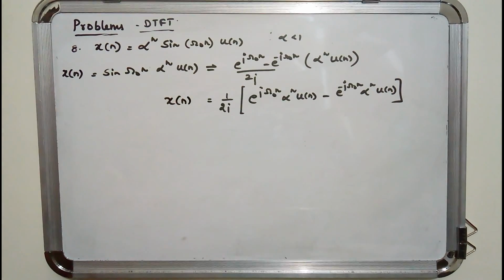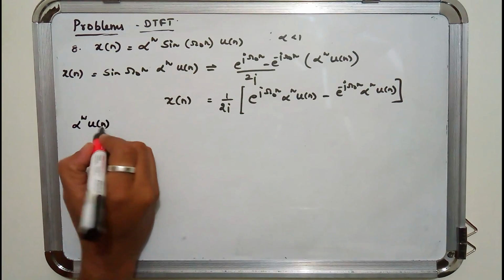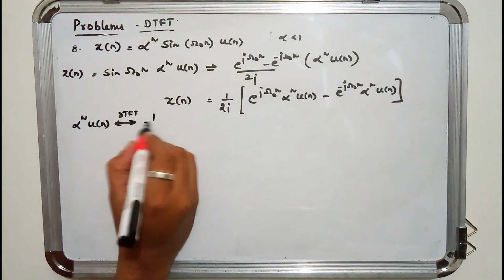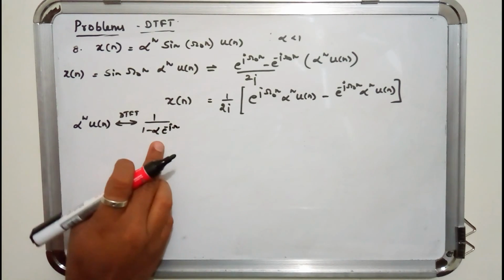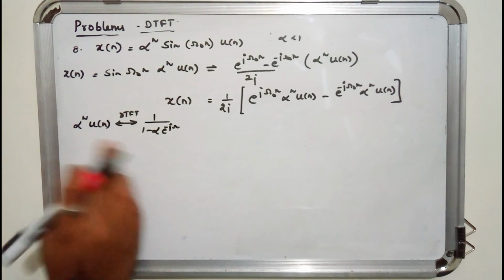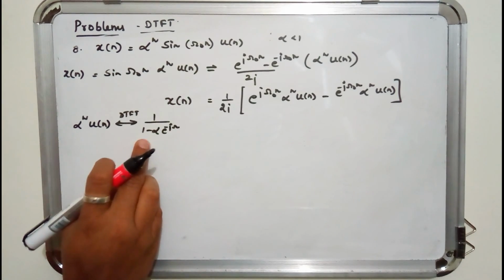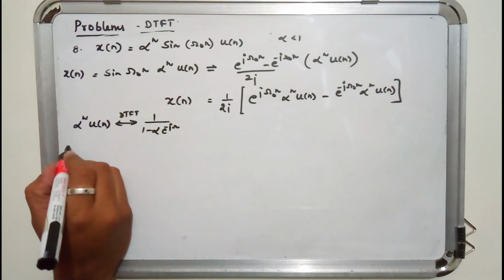Now what is the DTFT of alpha power n u of n, which we have already solved? It is 1 by 1 minus alpha e power minus j omega, and I have also told this is the standard signal whose DTFT must be known to everyone. Now we have a property called frequency shift.